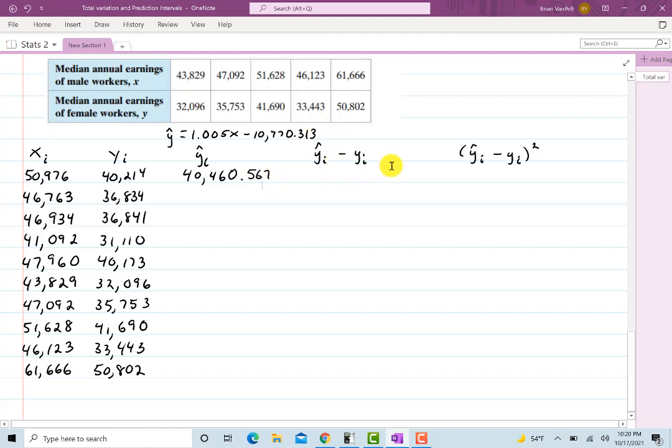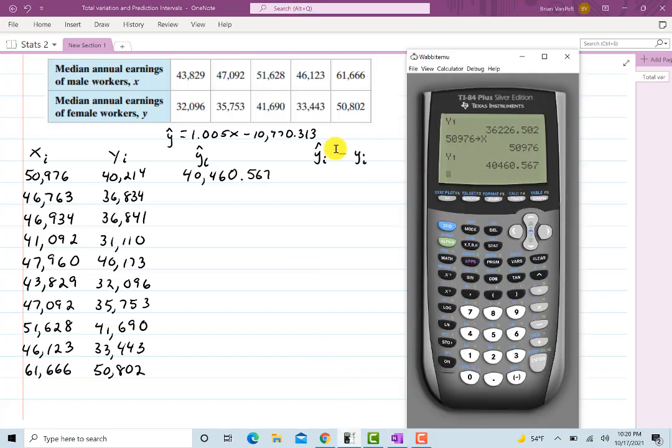Now what I'm going to do is calculate the rest of these while I have this number here. While it's there, it's very nice. Now I can subtract off the 40,214. So all I have to do is press minus 40214. Enter.